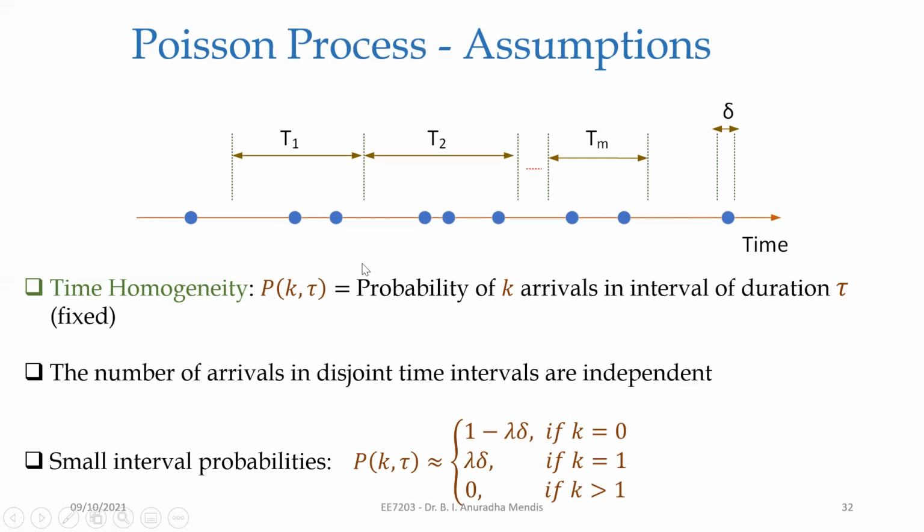Okay. So if you consider a duration of tau, now let's say tau equal to t1. So during this t1 time, what is the probability of k arrivals happening? So this is important, no?